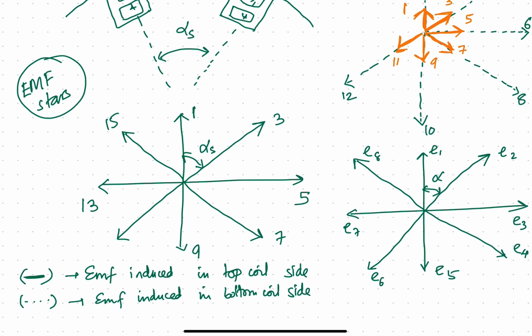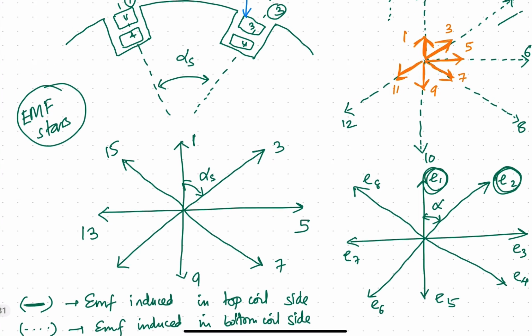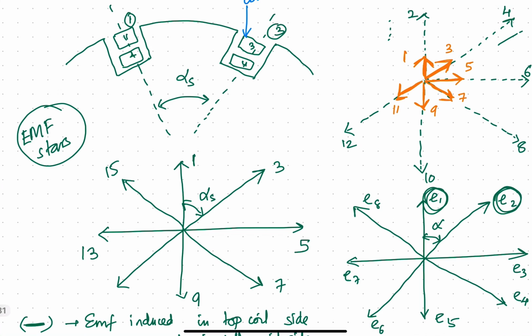If this represents the EMF of the coil side 1 lying in slot number 1, this represents the EMF of the coil 2, which is lying in the slot 2. So this is represented like this. So you don't have to confuse this with this figure. Here the numberings are different.